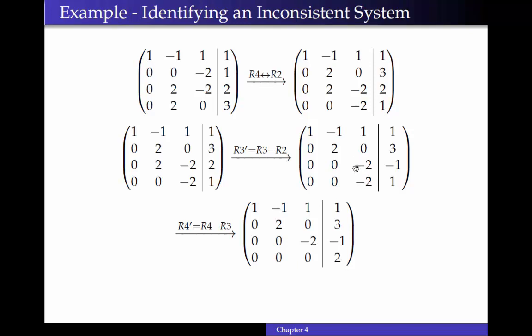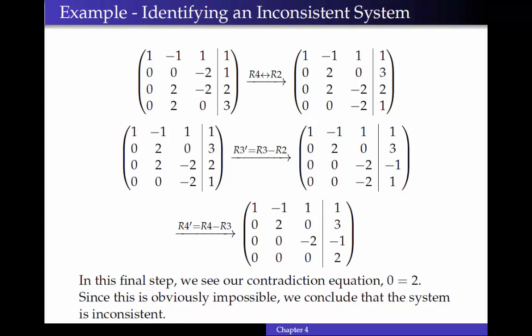So this next pivot is here, -2. And when we do that, we see we get a row of zeros, and then we have a non-zero element on the right-hand side. So now we see our contradiction. Since this is obviously impossible, we conclude that the system is inconsistent.